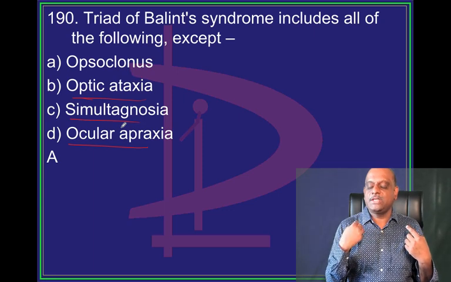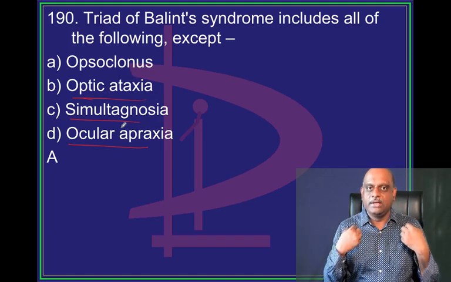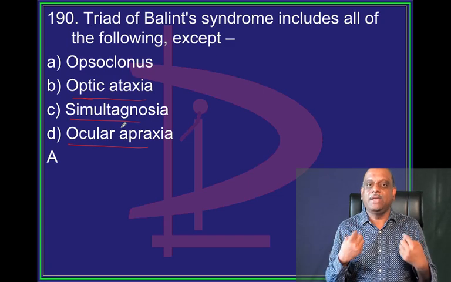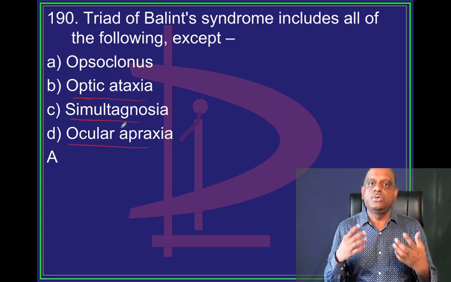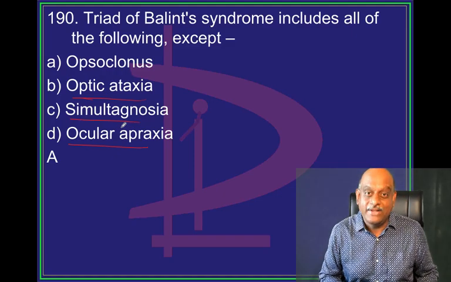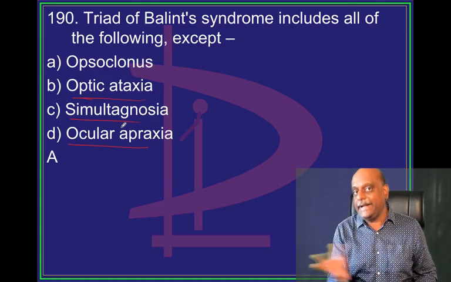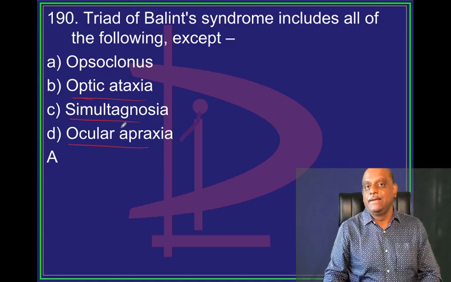Ask him which side he is feeling. He will tell. Then you use two fingers and once more touch him. So he will not be able to identify when you are touching simultaneously, which is called simultagnosia, which is seen in bilateral parietal lobe dysfunction in Balint syndrome.